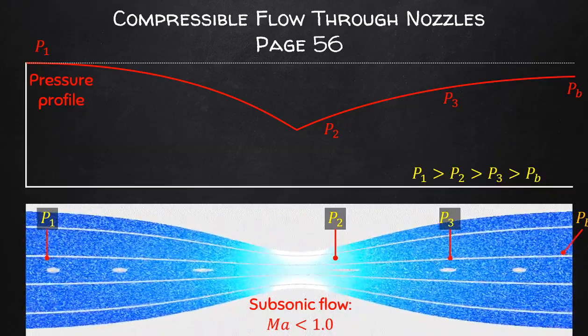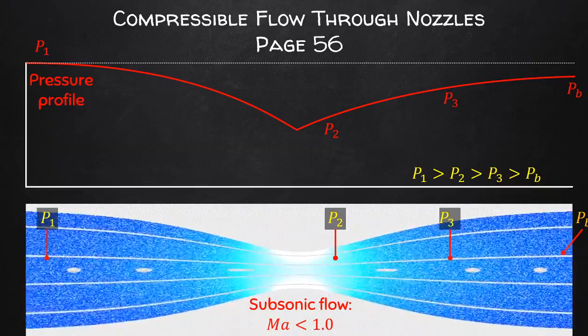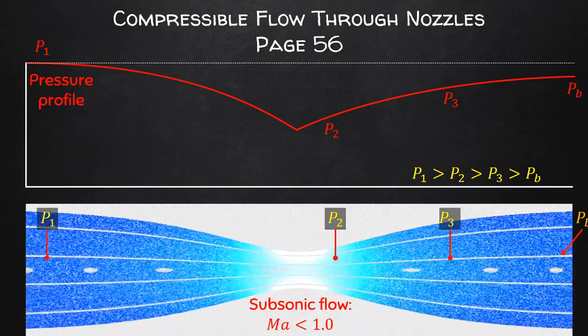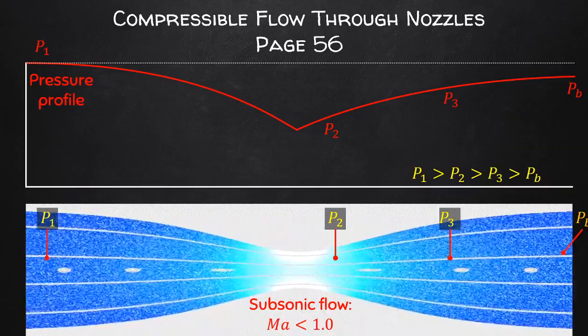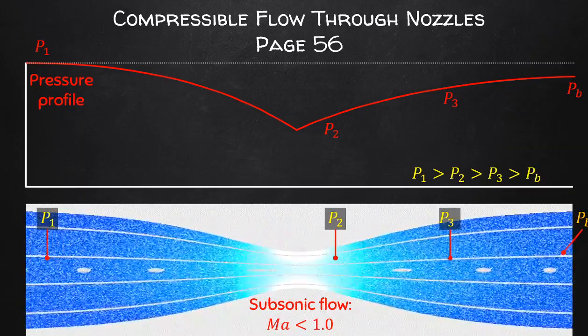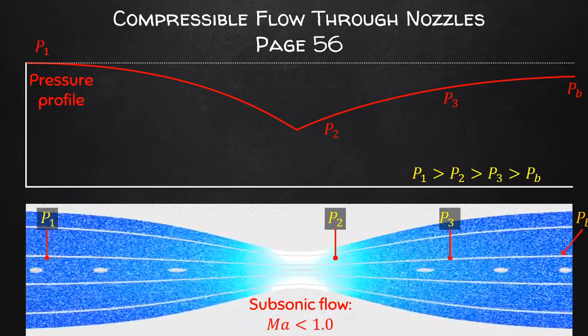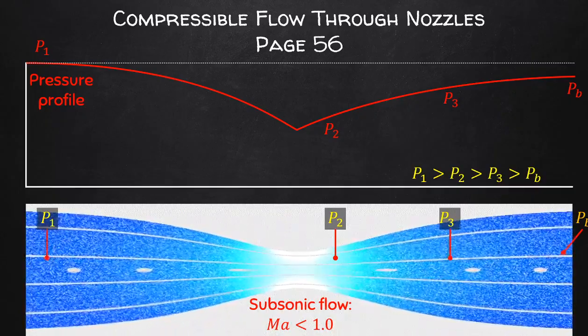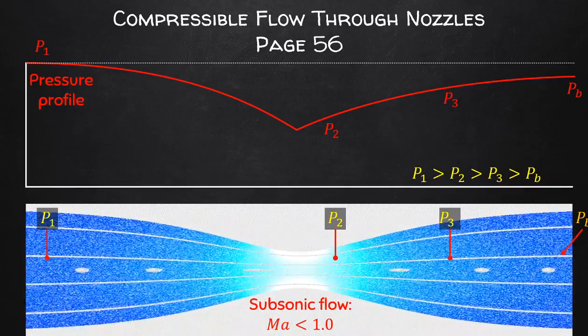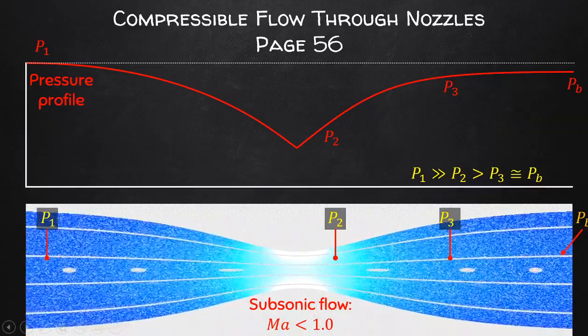Now note, however, that the upstream pressure P1 is still larger than the back pressure PB further downstream, so that the overall or the net pressure drop across the section still causes the flow to be in the direction of the downstream pressure.